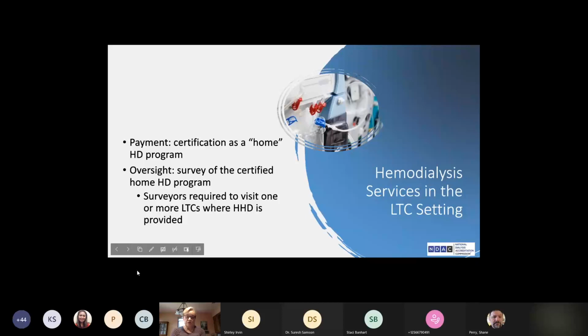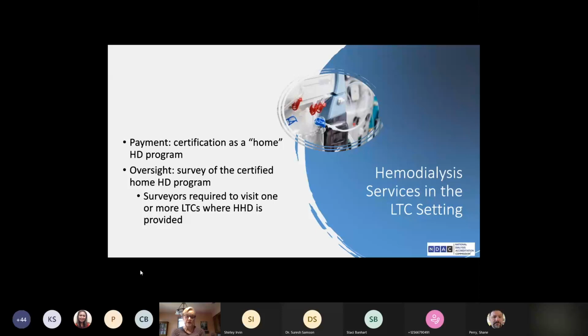So both the previous speakers have talked a little bit about payment. In order to receive payment for the dialysis itself, the ESRD facility has to be certified as a home dialysis program. So if you're going to be doing home hemodialysis, you have to be certified for home hemodialysis training and support. If you're doing PD, you would have to be certified as a peritoneal dialysis home training and support.